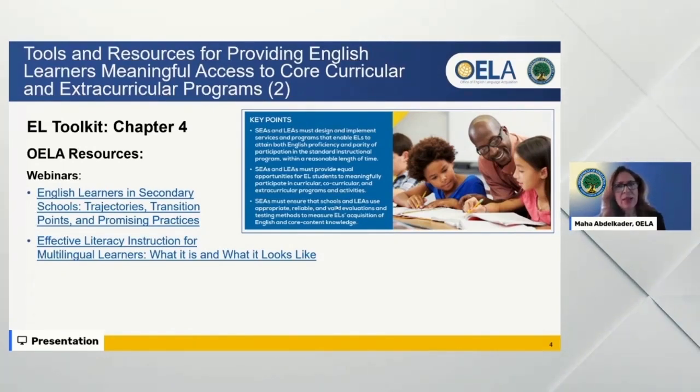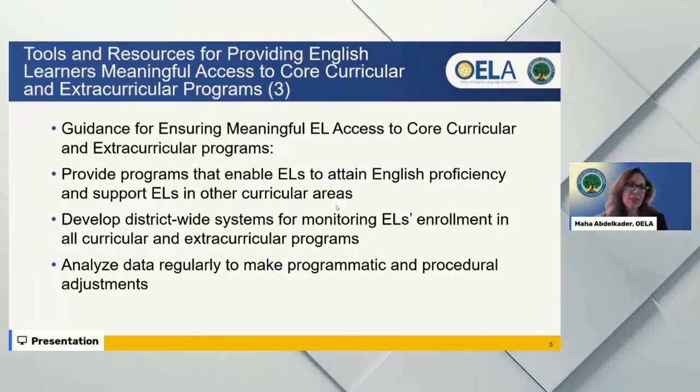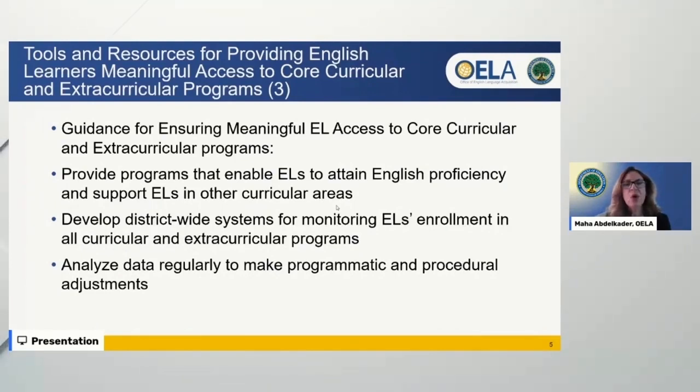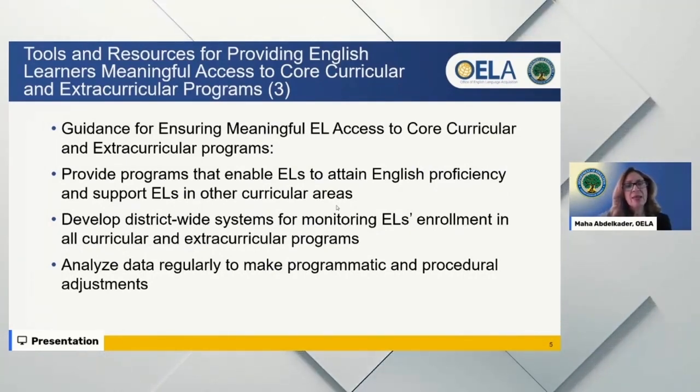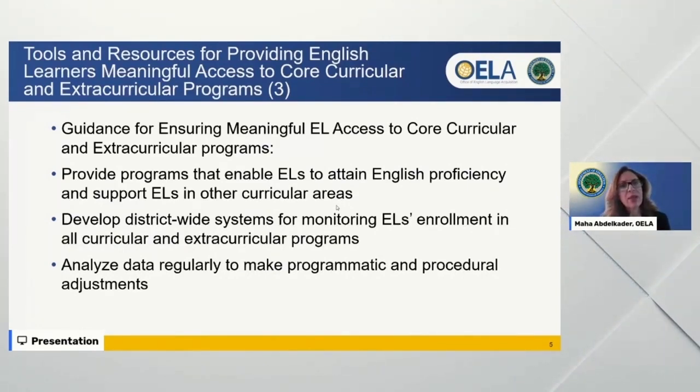Finally, on this final slide, to recap, Chapter 4 of the English Learner Toolkit provides users with guidance on how to ensure that English learners have opportunities to participate in programs and courses that enable them to attain English proficiency and provide meaningful access in all curricular areas, as well as providing equitable and appropriately scaffolded access to college and career readiness offerings, such as college counseling and career planning activities.